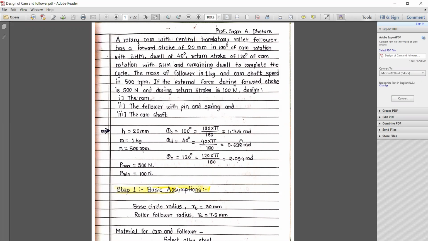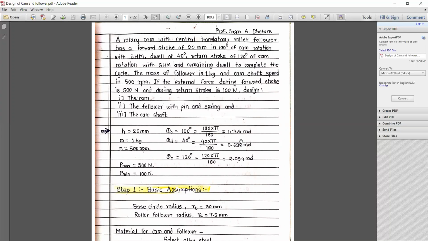The mass of the follower is 1 kg and the camshaft speed is 500 rpm. If the external force during the forward stroke is 500 Newton and during the return stroke it is 100 Newton, design a cam.